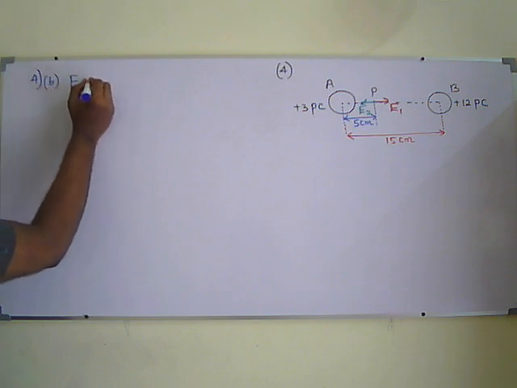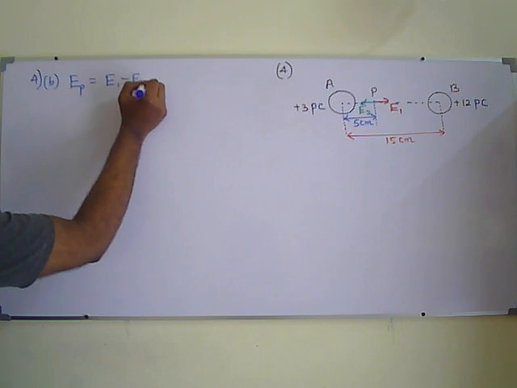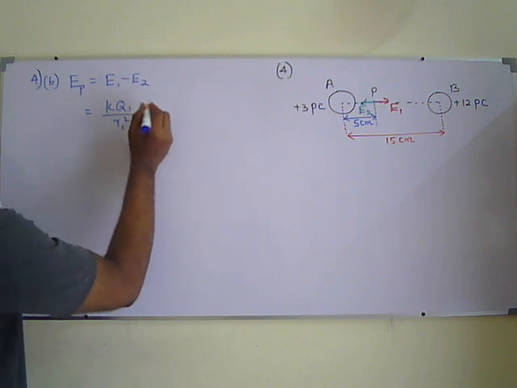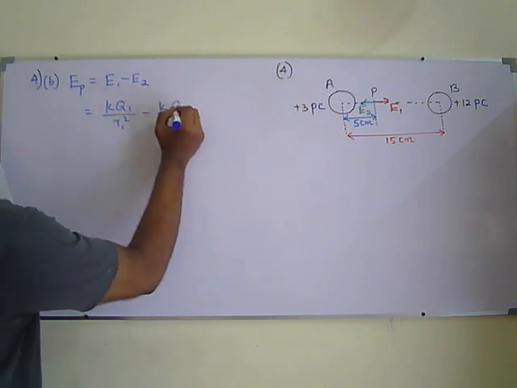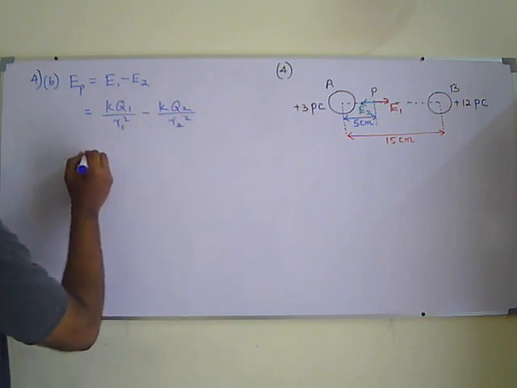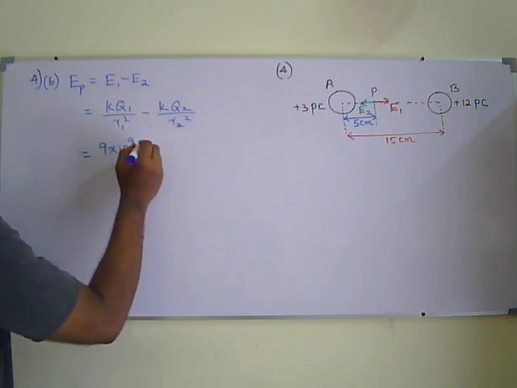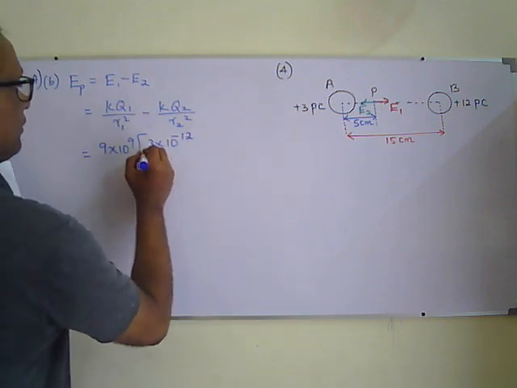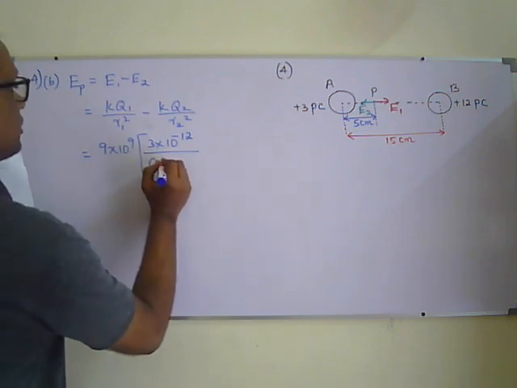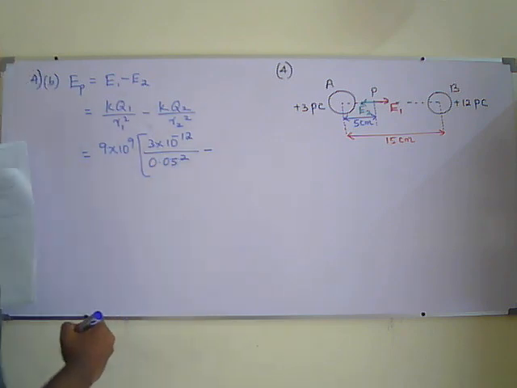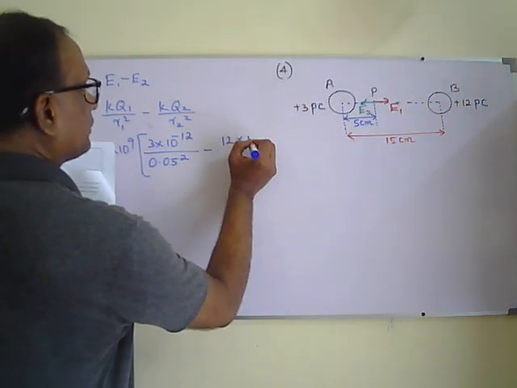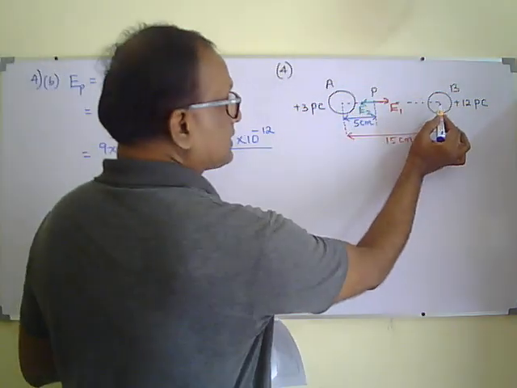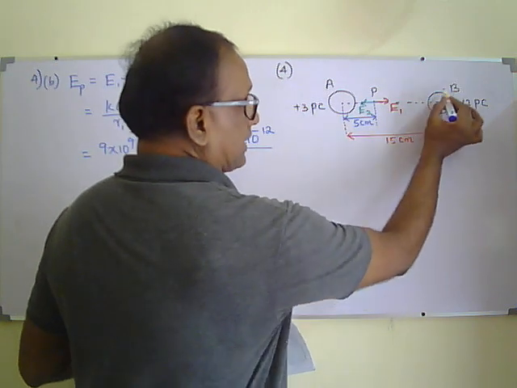The electric field strength at P equals E1 minus E2. So E equals K Q1 over R1 squared minus K Q2 over R2 squared. So 9 into 10 to the power 9, Q1 is 3 picocoulomb, 3 into 10 to the power minus 12, R1 is 5 centimeter, 0.05 squared, minus Q2 is 12 picocoulomb, 12 into 10 to the power minus 12, divided by the distance of P from the center of B. You know that charges are concentrated at the center.